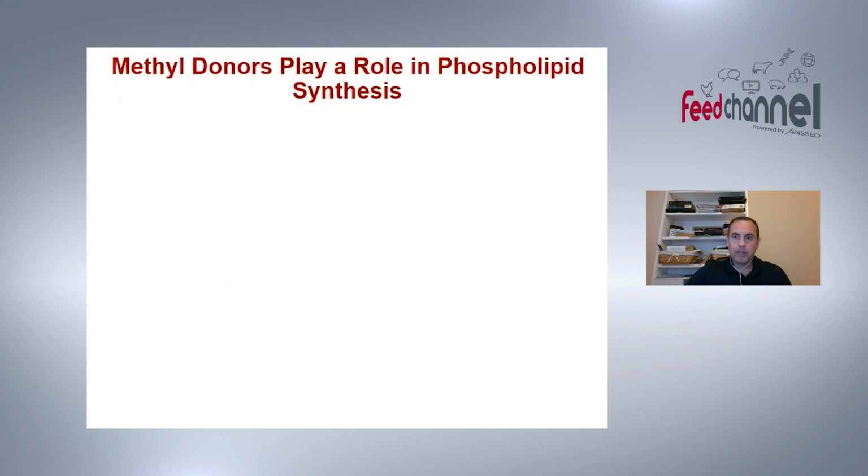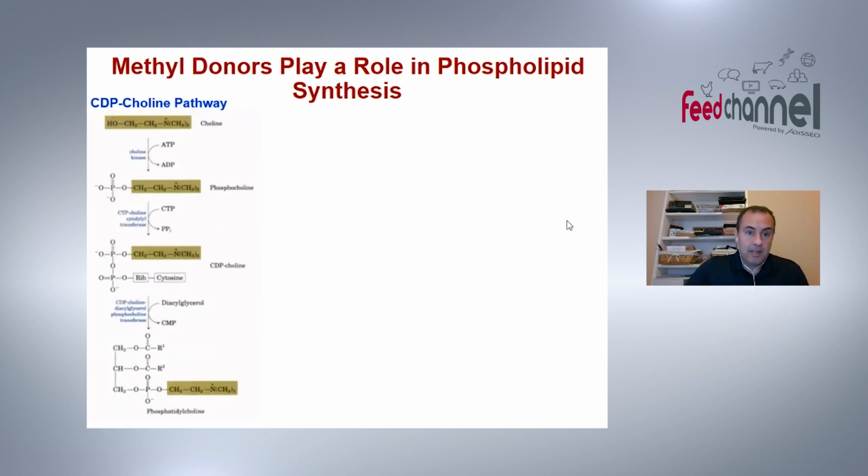Another aspect of one-carbon metabolism is that methyl donors play a role in phospholipid synthesis, and we know that phospholipids play a multitude of roles in cell biology. And phospholipid can be synthesized de novo through a pathway called the CDP-choline pathway, in which choline of dietary origin can be activated to produce phosphocholine by the addition of a phosphate group from ATP.